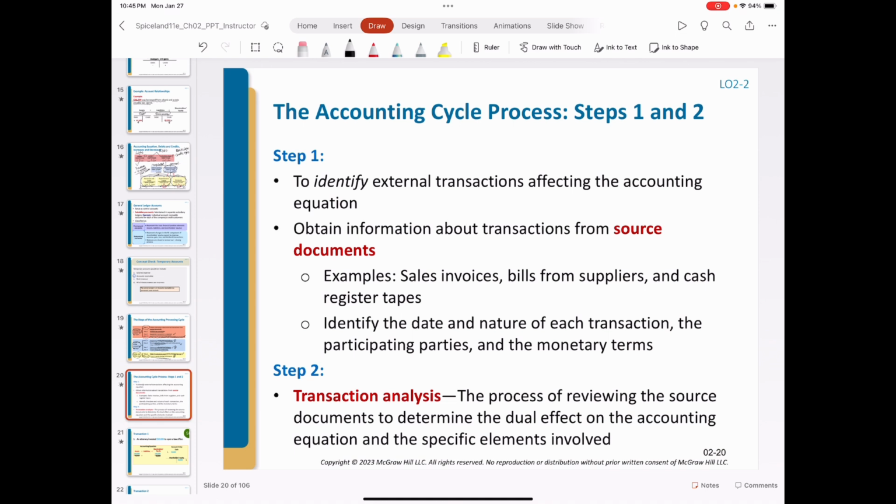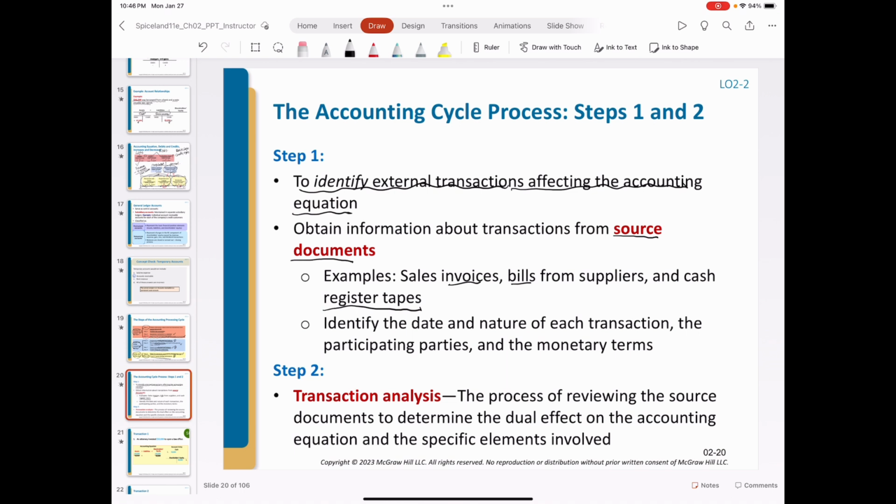The first step: we should identify the external transactions and events that have impact on the accounting equation or the firm's financial position. We should find the documents. The documents may be invoices, bills, and cash register tapes. These are a source of information for us to identify whether we should record this transaction or not. The criterion is whether this transaction will change the firm's financial position.